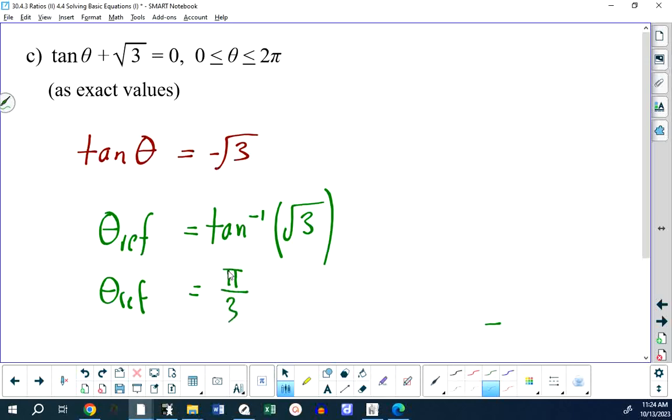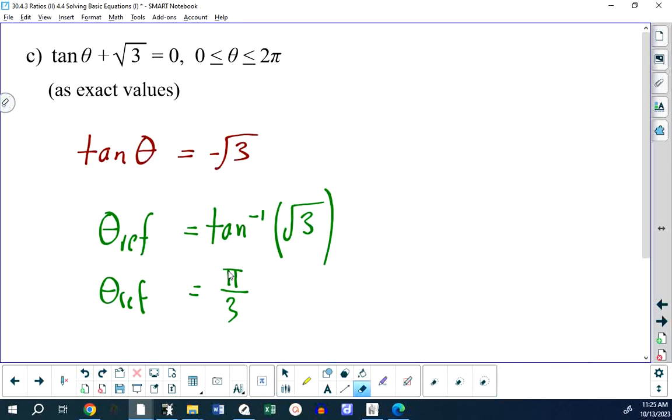Nobody needs to know how you go from here to that statement. But you need to write that you're finding a reference angle. If there is anybody who could figure out that it's the 60-degree angle that would give you tangent equals root 3, you need to draw a diagram showing that and explaining it. And I think this is easier.